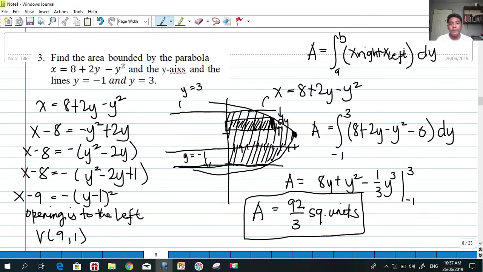We have done an example wherein we have only one curve, a parabola and lines. What if we have a parabola and a line? Also, we're going to find the area of these two. And what if we have two parabolas? It's also possible. On the next example, we'll try that.